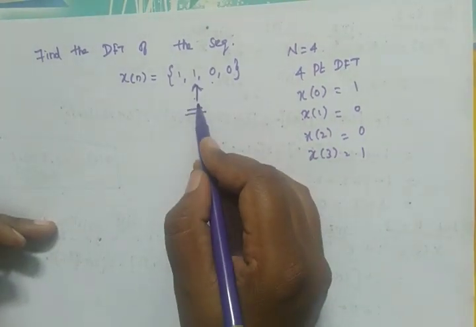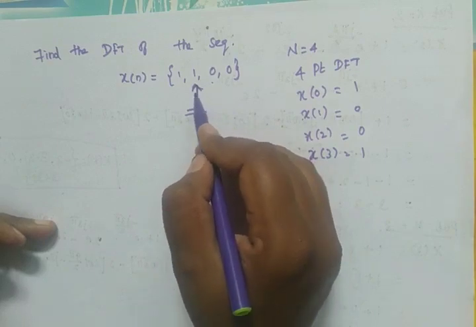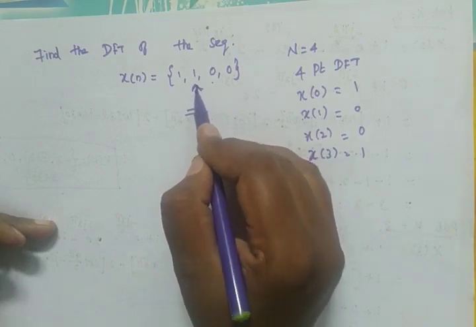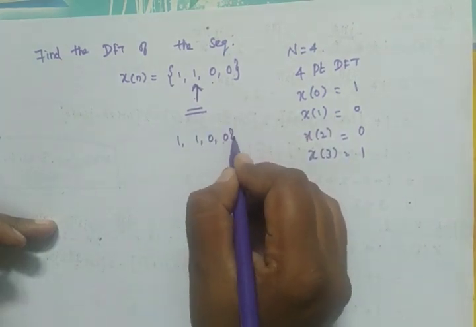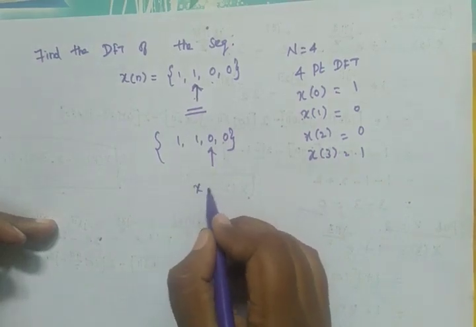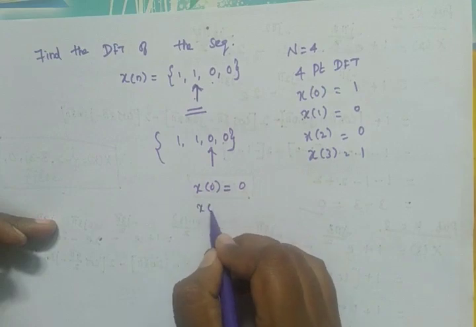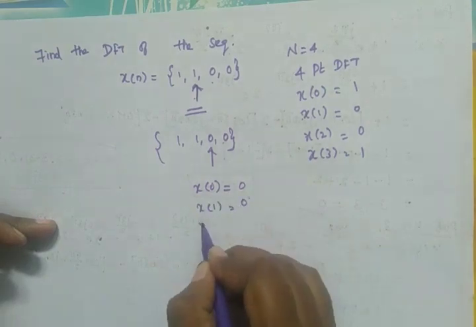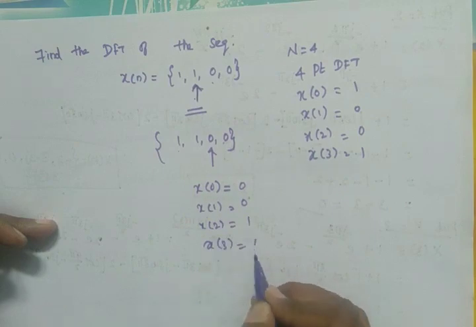Here the arrow mark represents that you have to take this as the origin, the first origin pointer. Or else, if you have, for example, an arrow mark here, then we take x of 0 is equal to 0, x of 1 is equal to 0, x of 2 is equal to 1, x of 3 is equal to 1.